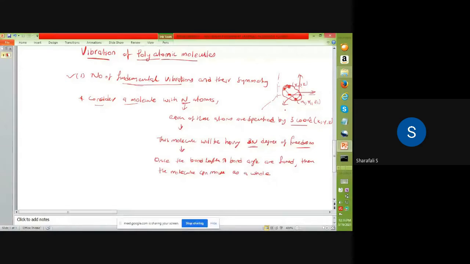The molecule can move as a whole, which means only translational motion, and this requires 3 degrees of freedom.